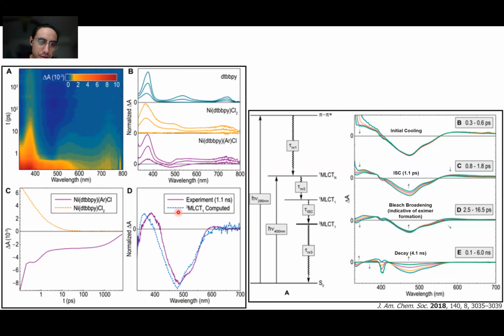What they've also shown here is the experimental transient absorption spectra in purple, and then they have a calculated version of this shown in the dotted blue line. Basically all they were trying to show here was that these agree, so that their computational model is in agreement with experiment.